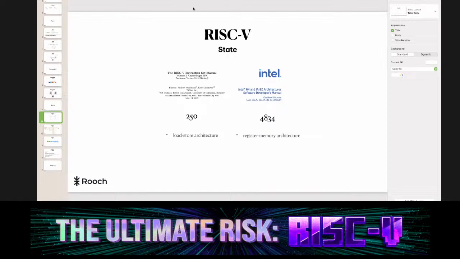And there is another big issue from the memory architecture. In the RISC instruction set, it's a load-store architecture model. So we don't have to handle the memory modification in instructions.